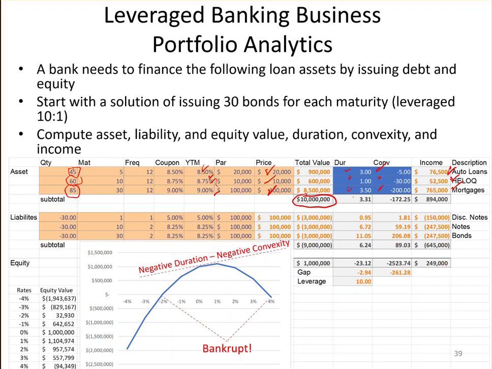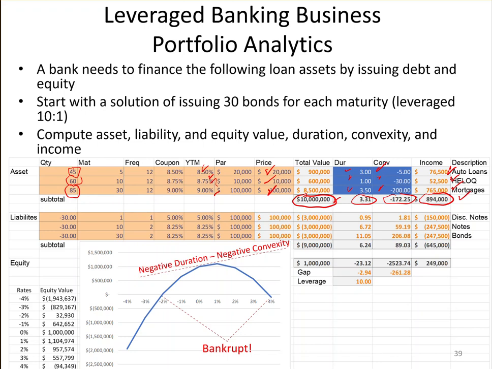What you see is the weighted average duration of the $10 million set of bonds is 3.3 years with convexity of negative 172, and it generates $894,000 a year in income. So those are the assets the bank wants to purchase.